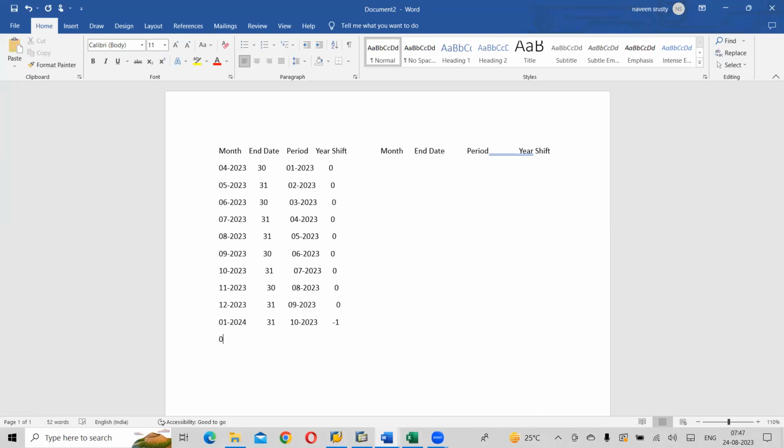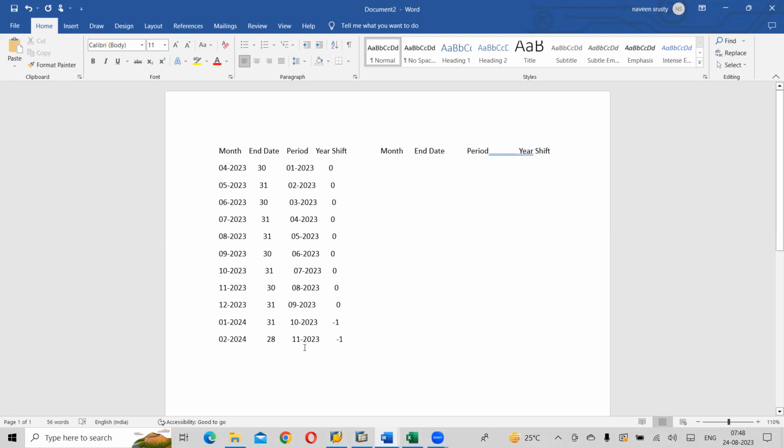Same thing again in 02, 2024. If I take 28 days, then it will become the 11th period of 2023. So what would it be again here? -1. So again 2024 -1.